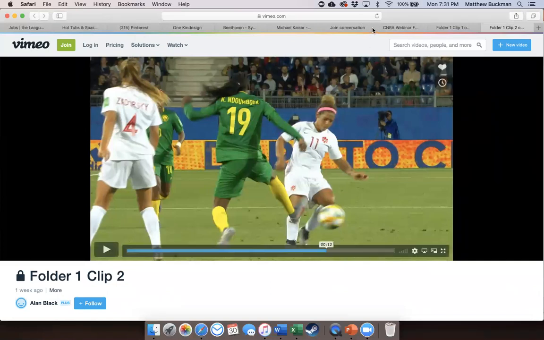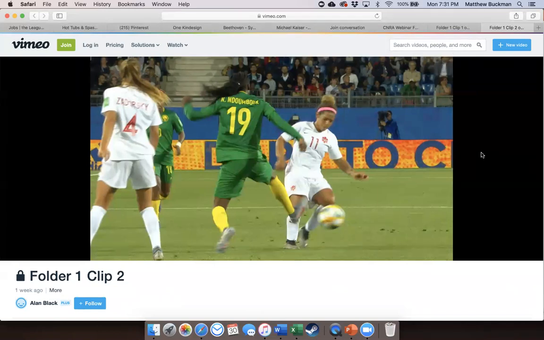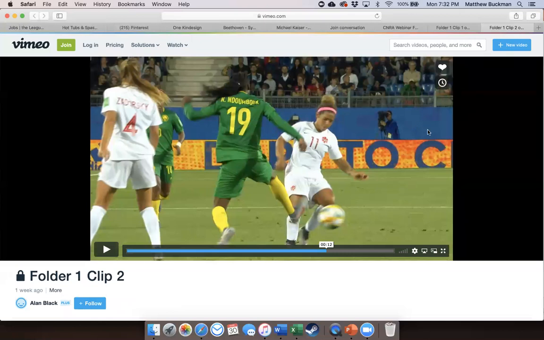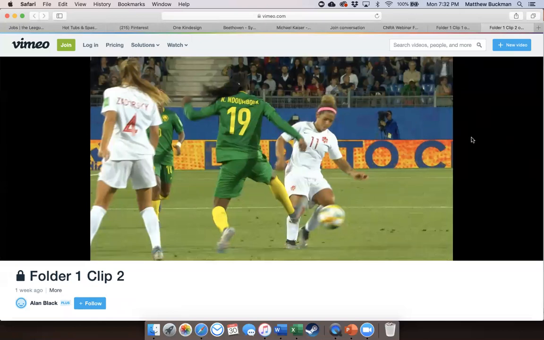Using the chat feature, if you voted for a yellow card, please provide the considerations as to why you voted for a yellow card here. All right, couple more seconds for anybody who voted yellow.